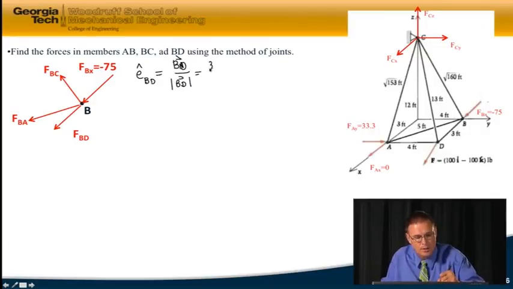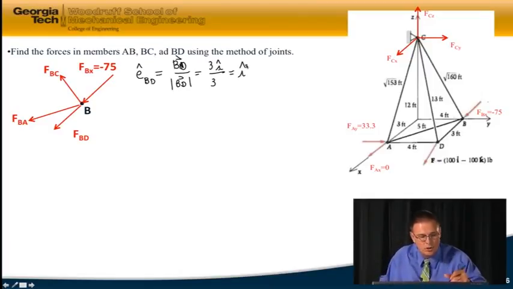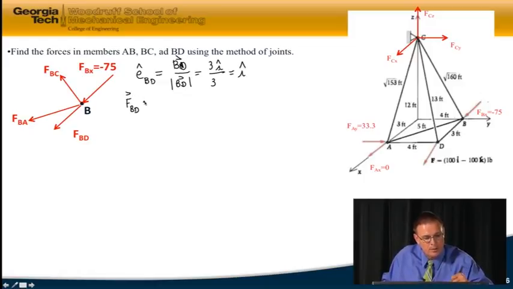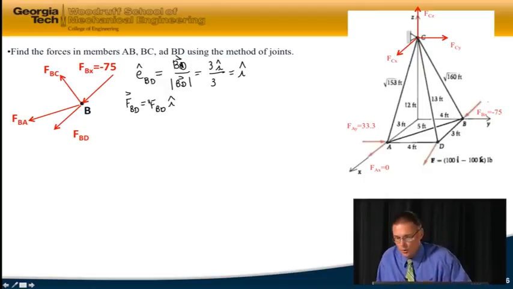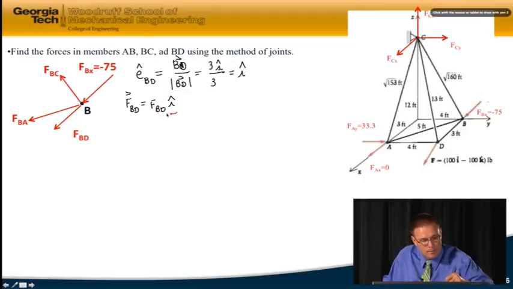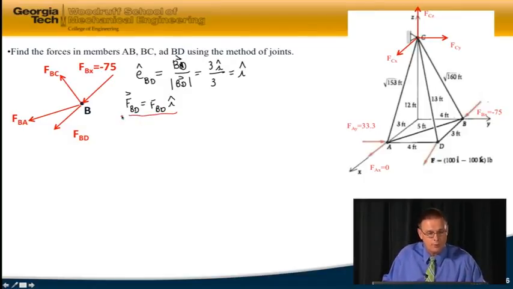So that's 3I, going from B to D over the magnitude, which is 3, so the unit vector is completely in the I direction. That means that FBD is equal to the magnitude of FBD times its direction. And so that takes care of FBD in vector form.